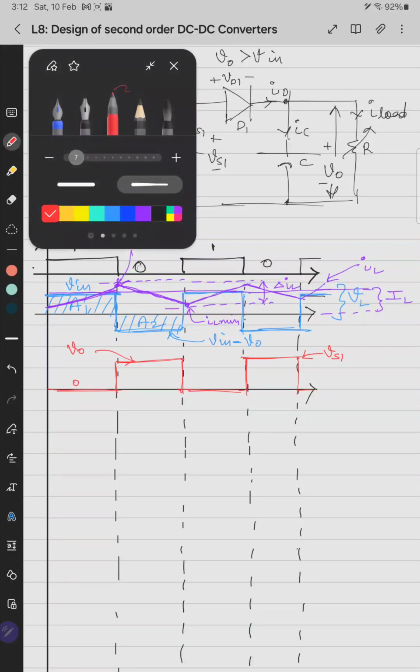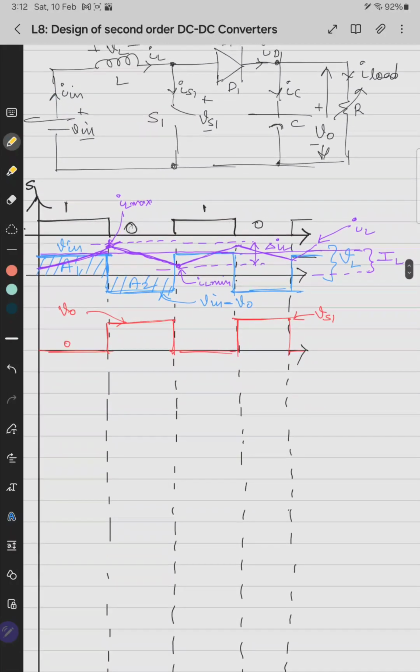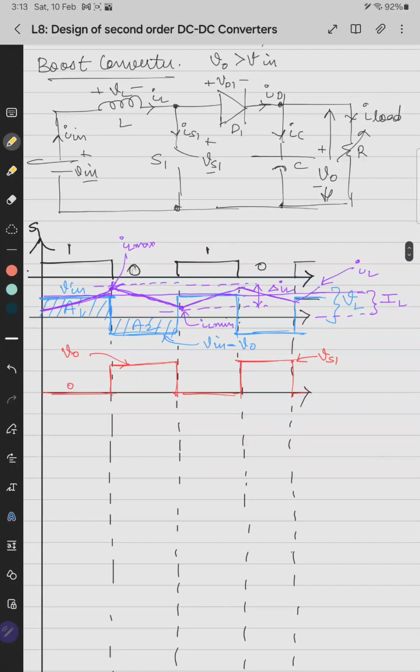Then let's draw the current through the switch. When the switch is on, the diode is off, and the inductor current is equal to the switch current. When the switch is off, the switch current is 0.